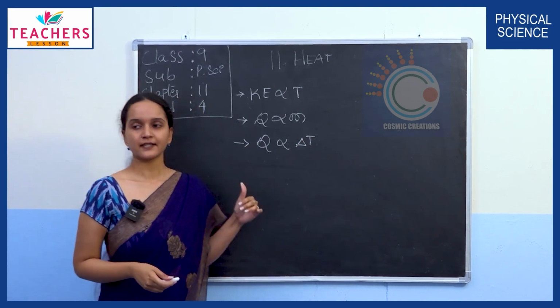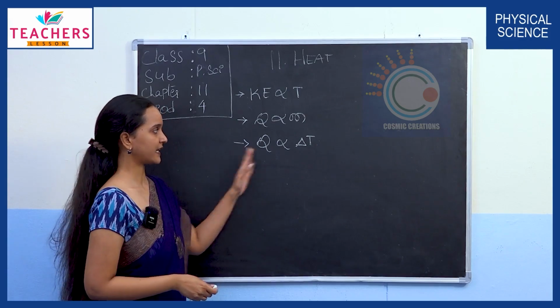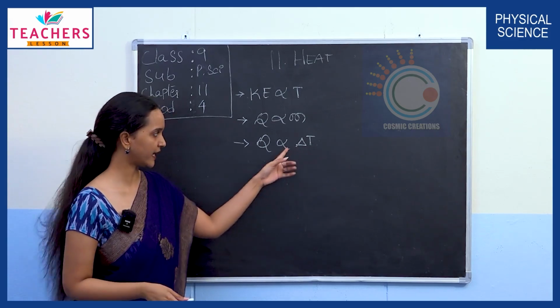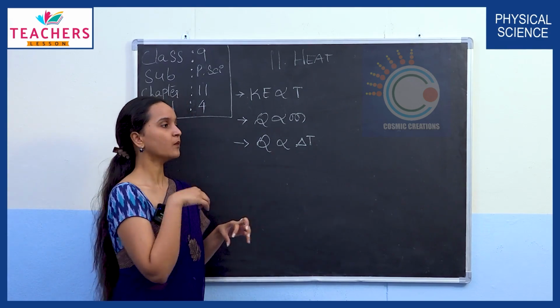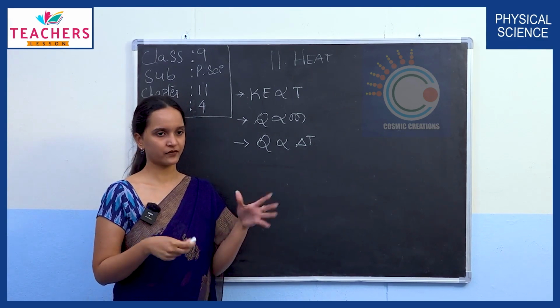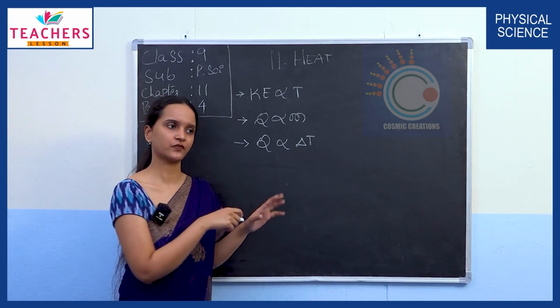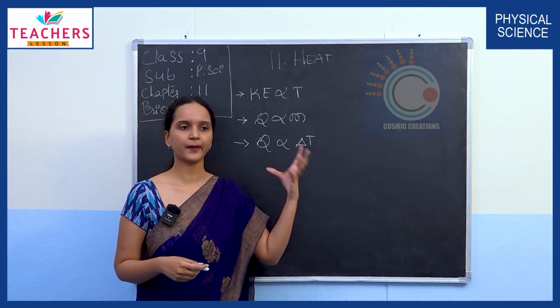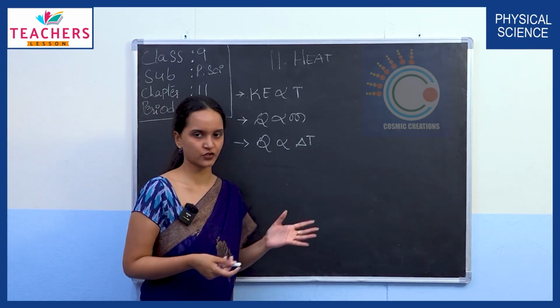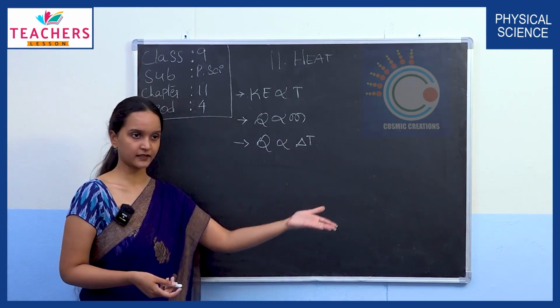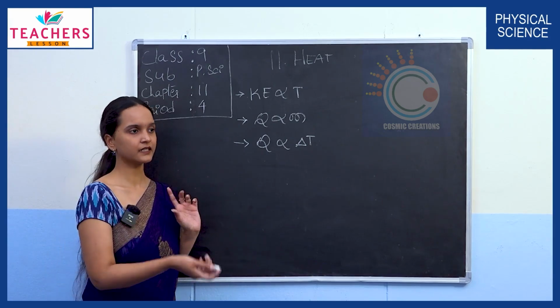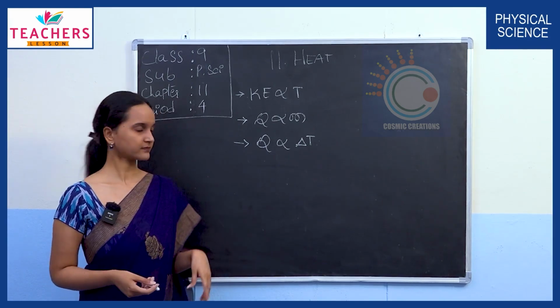The amount of heat supplied to a body is directly proportional to the change in the temperature. Delta T is change in the temperature. So the more amount of heat when we supply, the temperature of the body would be increasing rapidly. So the change of the temperature of the body and the amount of heat energy supplied to the body are in proportion with each other.